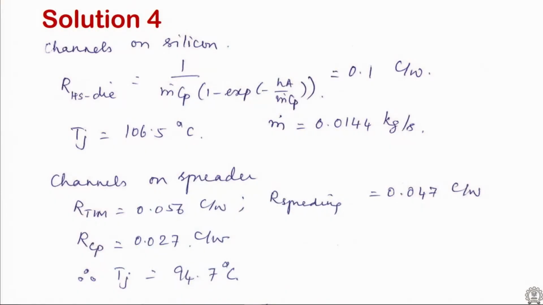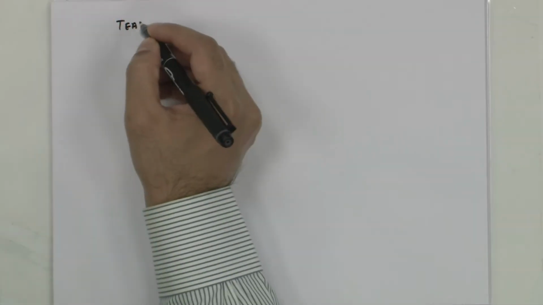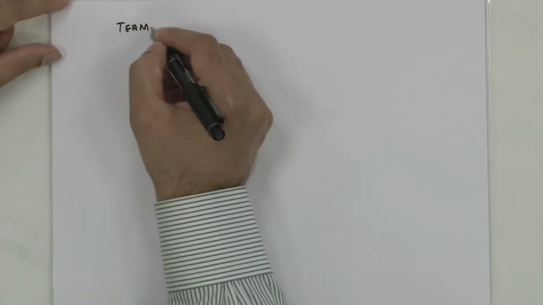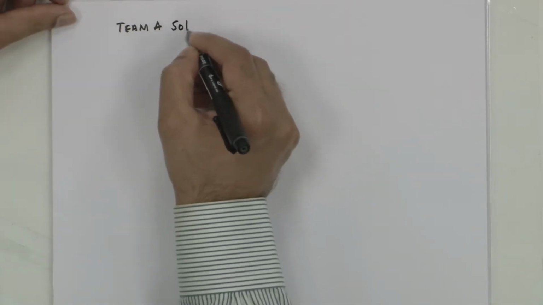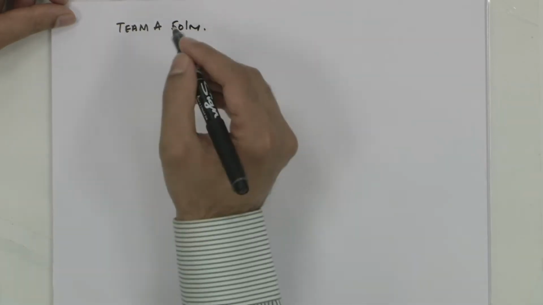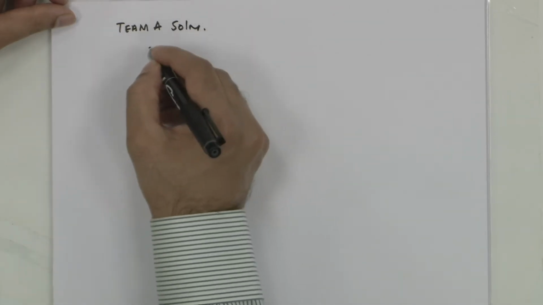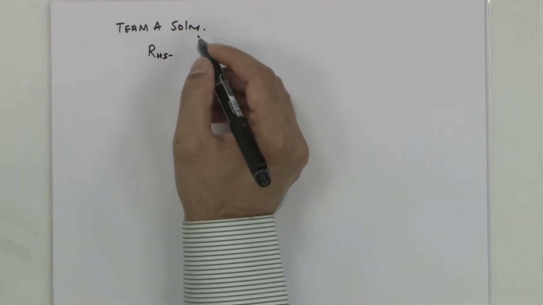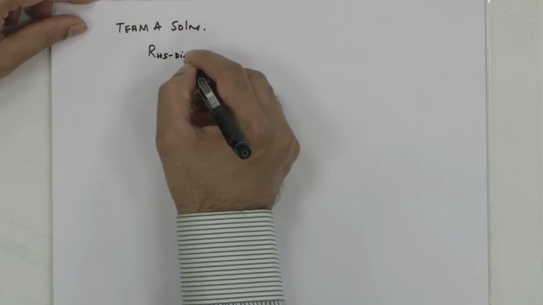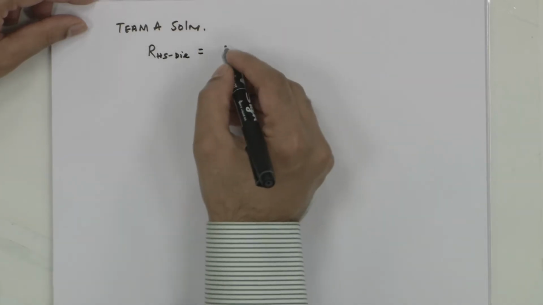So, we will see whether team A's solution is better or team B's solution, and just to recall, team A's solution was such that the heat sink was directly integrated on the silicon die.